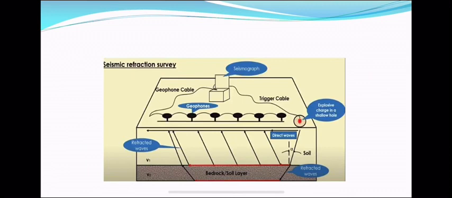Now in the seismic refraction survey, this is the source. You have to put n number of geophones, and this is the soil layer. Here it may not be homogeneous, it can be of different soils.